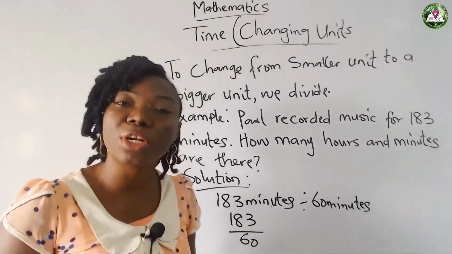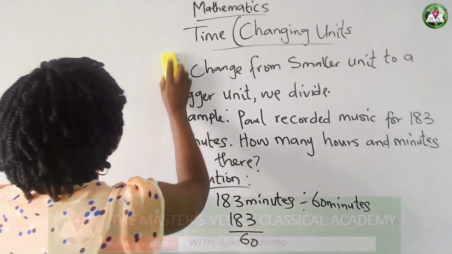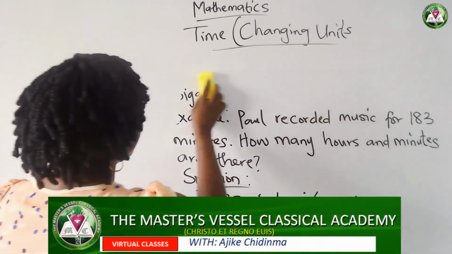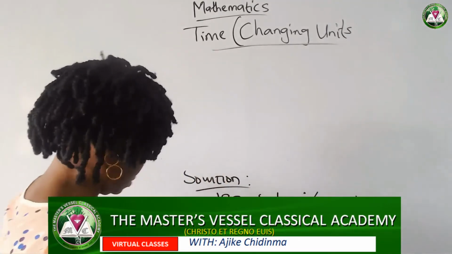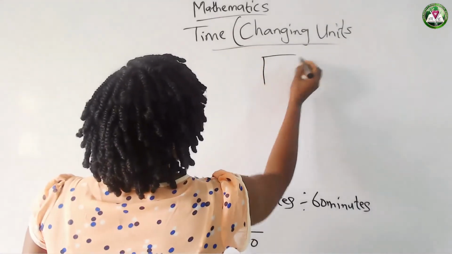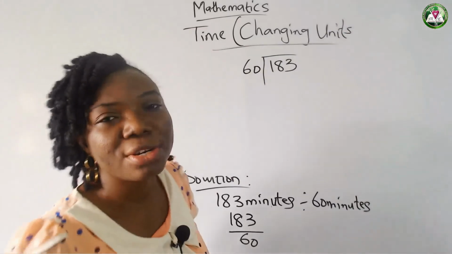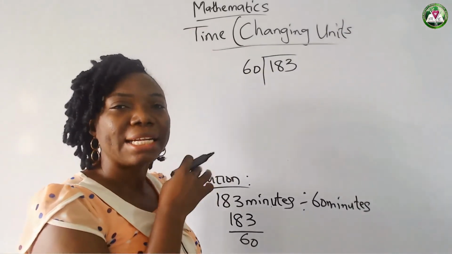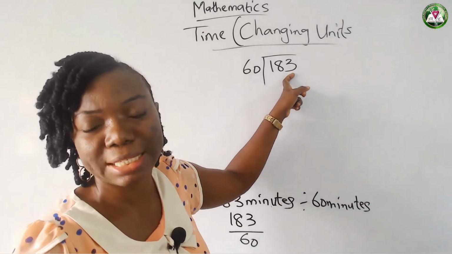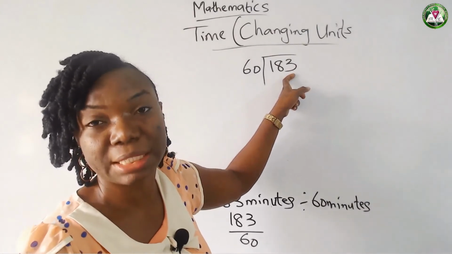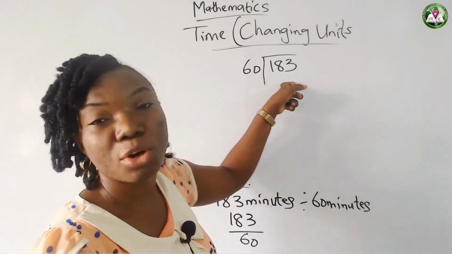Now we are going to use long division to divide this. You can see 183 inside and 60 outside. This number inside, 183, we call it dividend. And 60 is called the divisor. 60 is the one dividing 183 minutes.